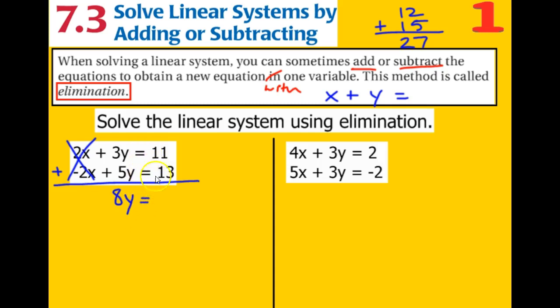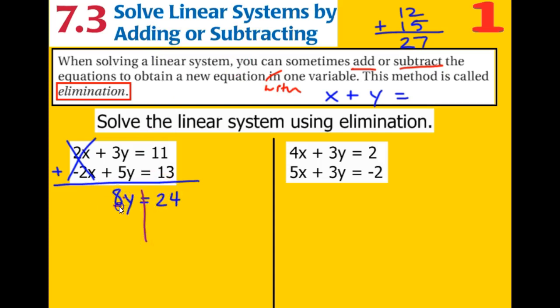And then there's an equal sign. And then 11 plus 13 should give us 24. We combined these two equations together, eliminating x by adding them. And then we just have this equation to solve.